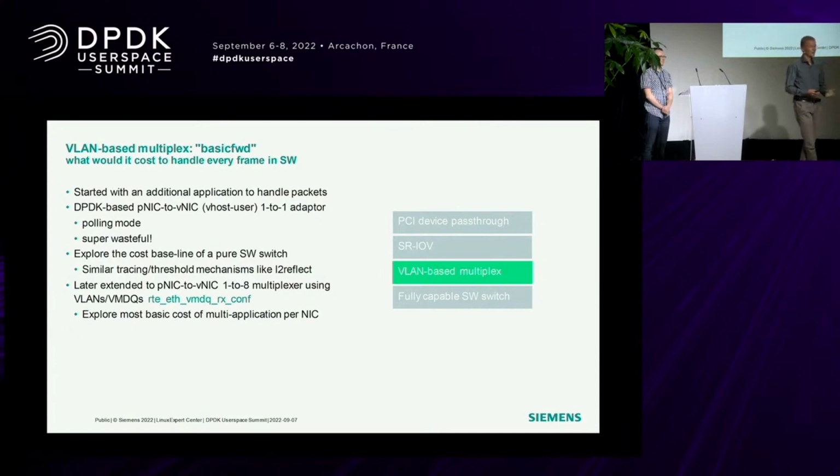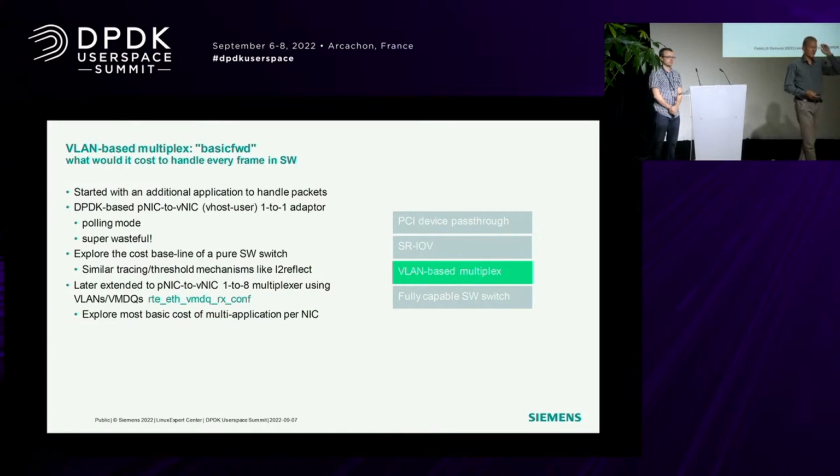So what we did is a simple adapter, one physical NIC to one vhost user, and we hooked that between the virtual machines, or maybe just one, and having the other player sitting native. And yeah, using polling mode, super wasteful, wasting the whole CPU on pumping the packets back and forth. Then we used our measurement application to see how expensive that would be, again in the worst case, just looking at the latency.